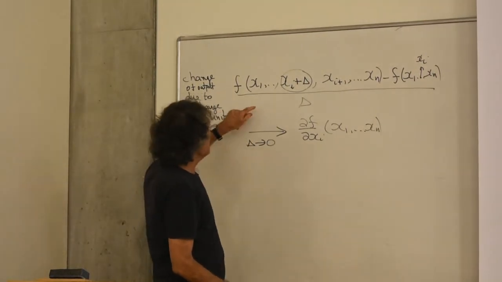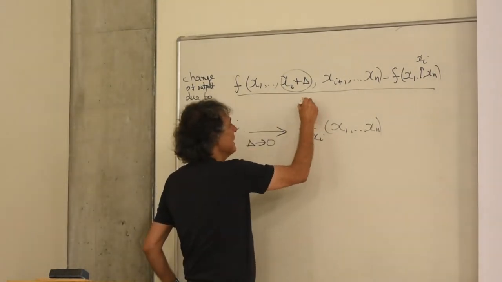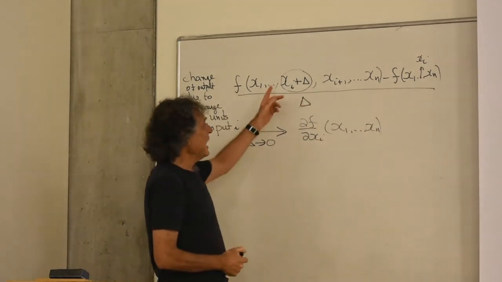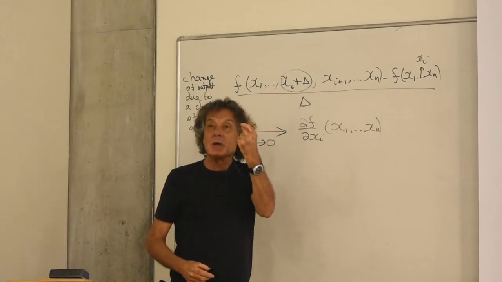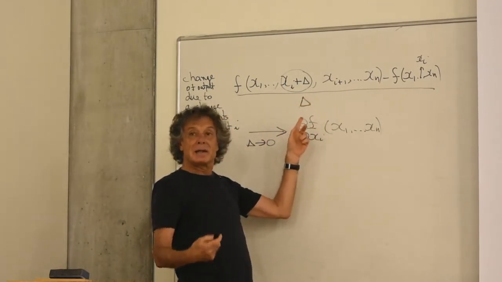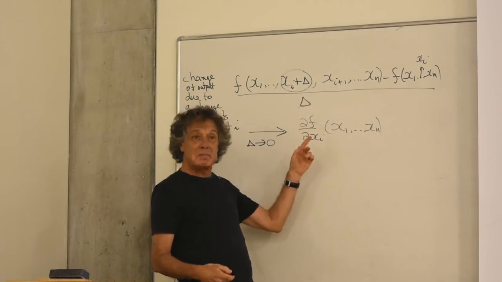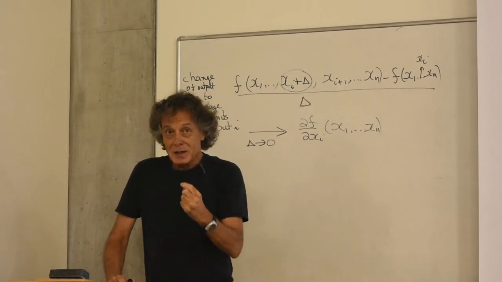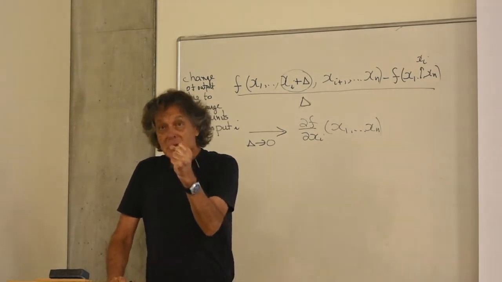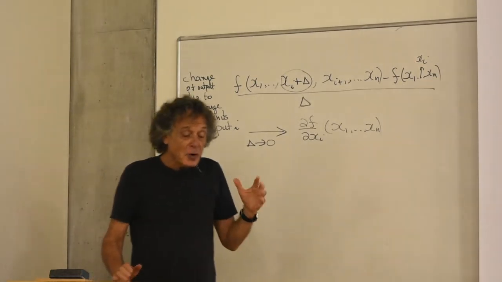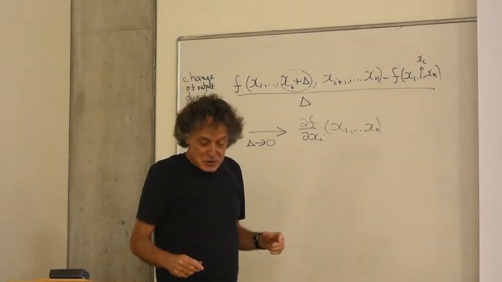As you can see, when I divide by delta, I actually make it the change in output per unit change in input. By dividing by the number of units of input that I change, I get a change per unit. Now I take the change per unit and make it as small as possible, and therefore we call it the rate of change.